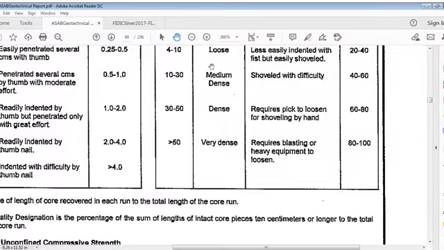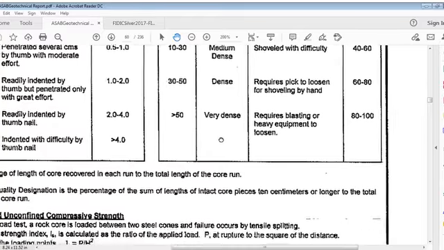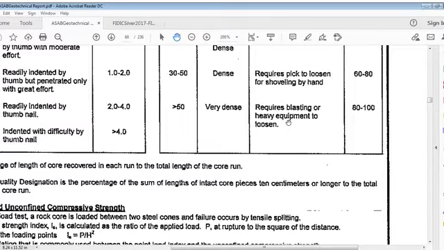And then greater than 50 is very dense, requiring blasting or heavy equipment.